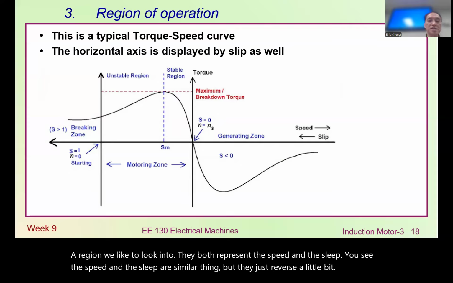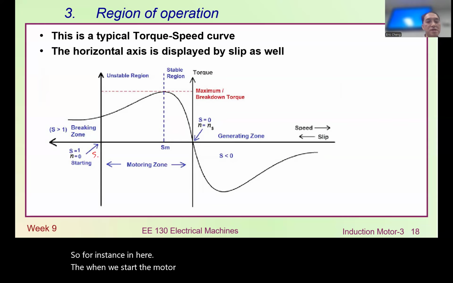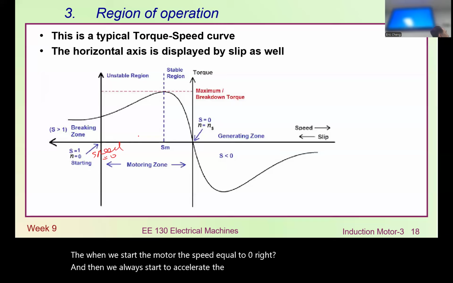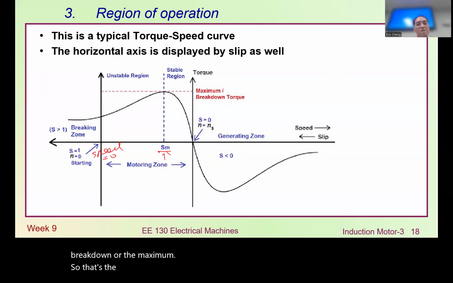So for instance, in here, when we start the motor, the speed equals 0, right? And then when we start to accelerate the motor, the speed will pick up and we go to somewhere, and that is the breakdown position we mentioned before. Sm is the breakdown or the maximum torque. So that's the breakdown region in here.